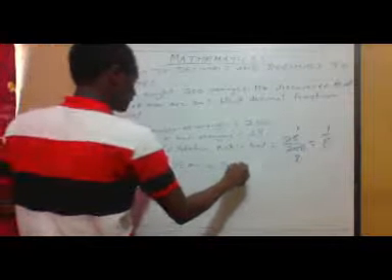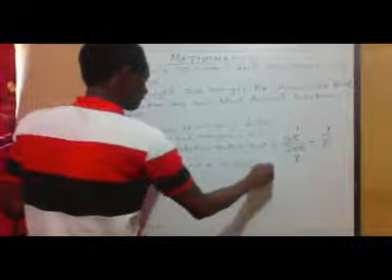Number 24. Write 0.075 as a common fraction. Solution to this: 0.075.